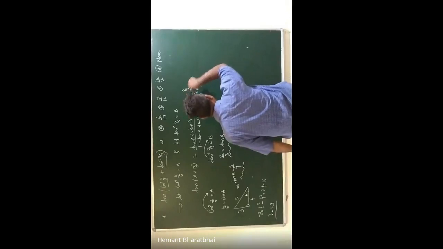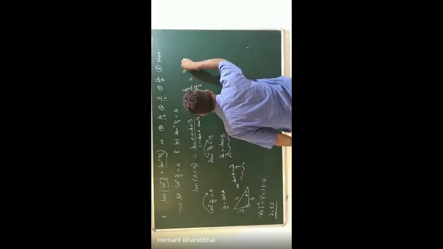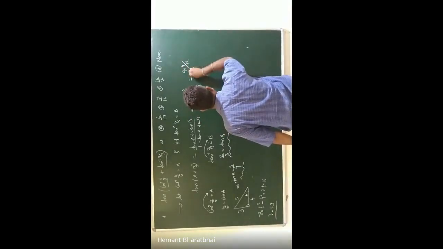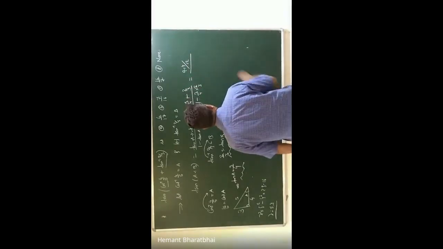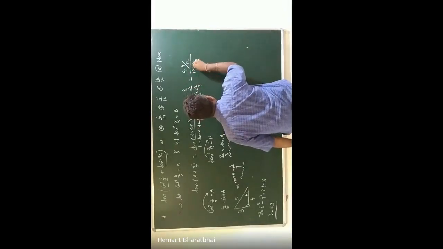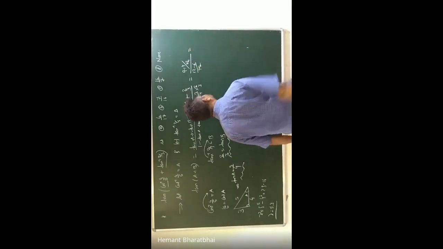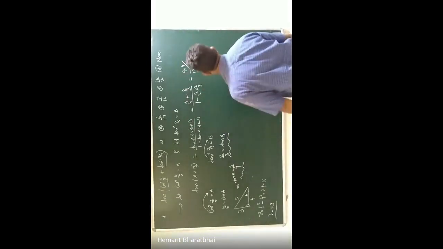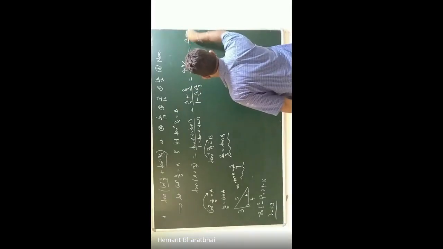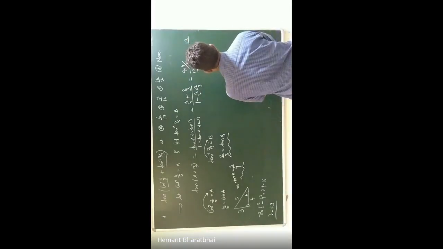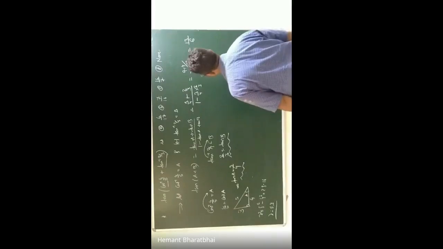So I will get 9 plus 4 upon 12, the whole upon 12 minus 6 upon 12. This 12 and this 12 get cancelled. So 9 plus 4 is going to give me 13, 12 minus 6 is going to give me 6.